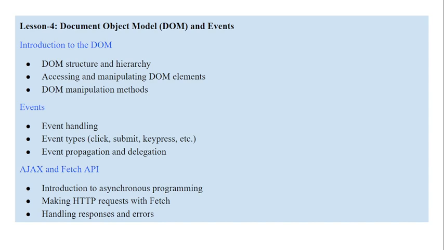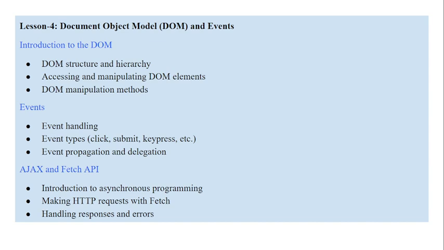Introduction to asynchronous programming and making HTTP requests with fetch. We know that HTTP requests mean GET, POST, PUT, and DELETE methods, and handling responses and errors. And in the future we will discuss all these things.